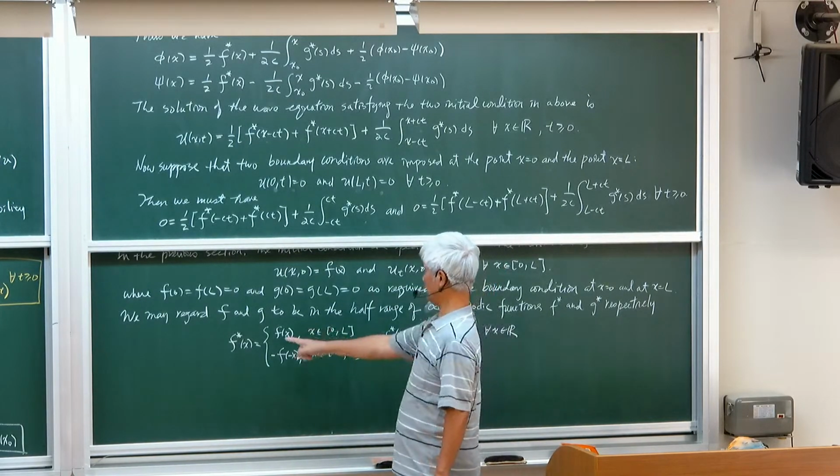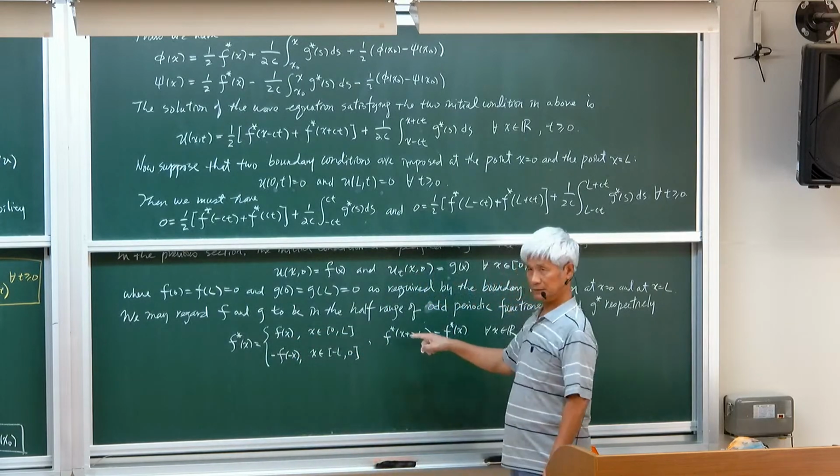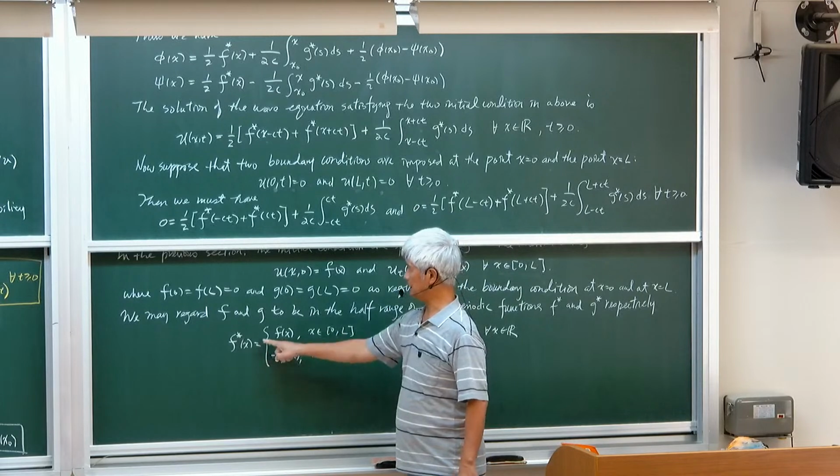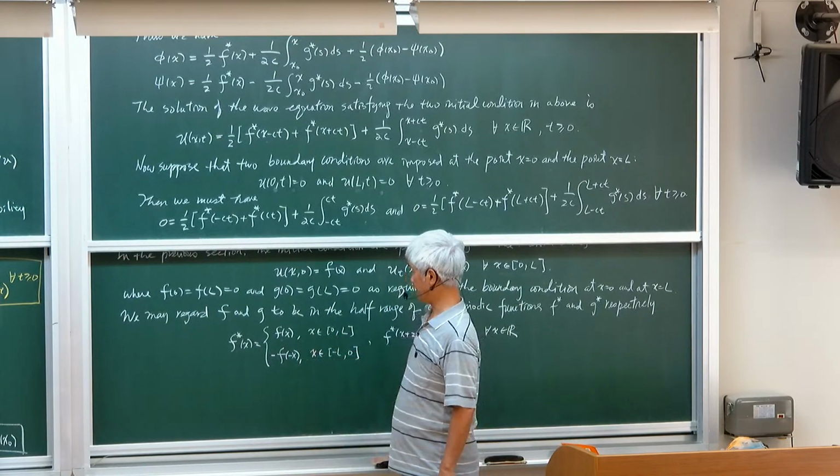So f star is a periodic function, and it is odd because we define it in this way.